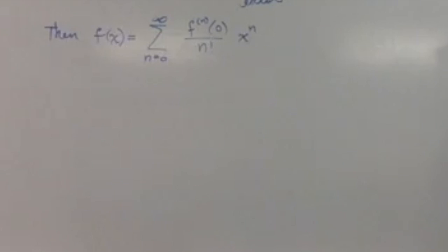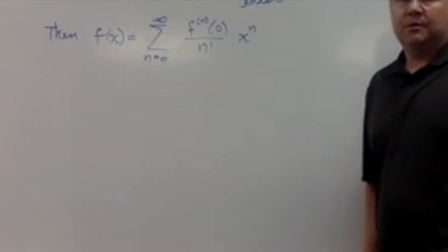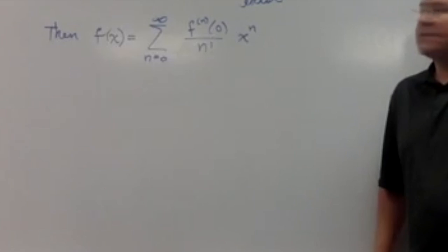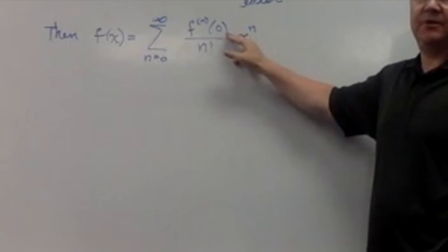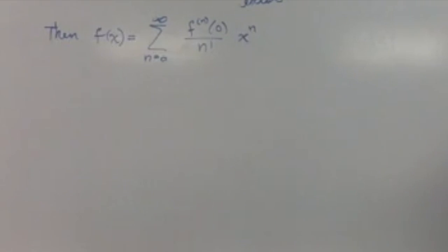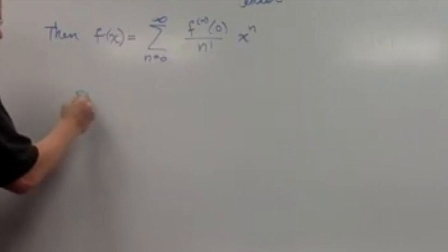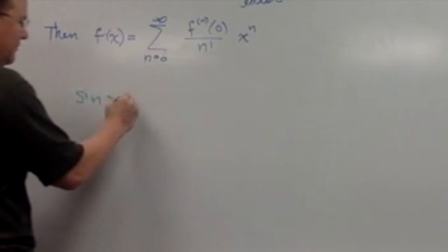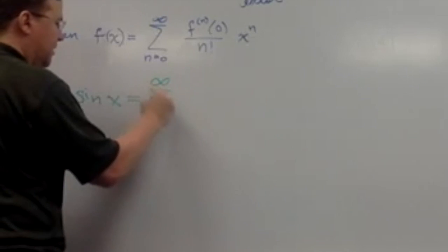So no wonder the power series for e to the x is what it is, because every derivative of e to the x evaluated at 0 is 1. But take something slightly more complicated like sine x, and find a power series for that.